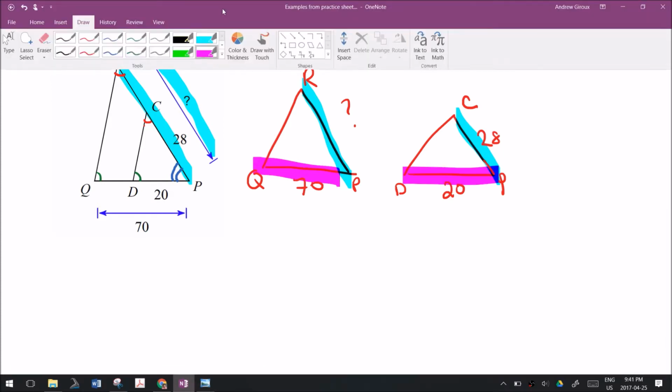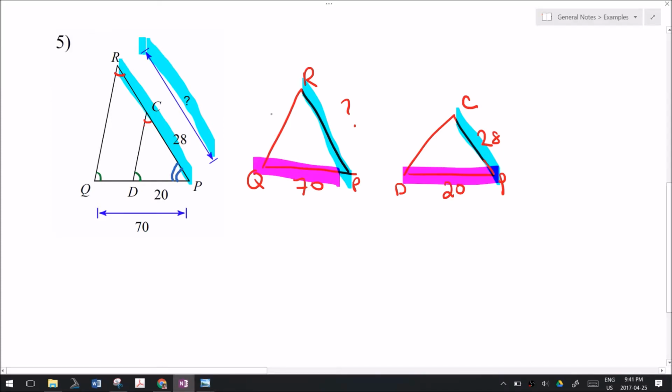So let's set up the ratio. If I want to choose the ratio for this one, let's say that the side length RP divided by QP should be equal to CP divided by DP. So when I say RP, I'm talking about the length of this side.